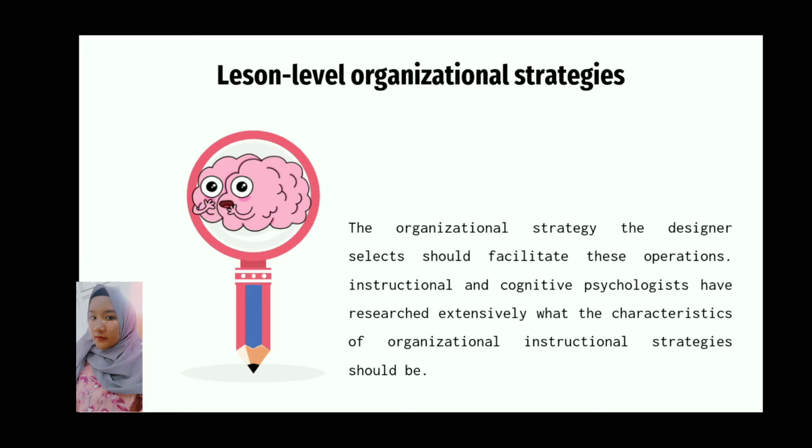These characteristics may vary according to the type of goal, for example, declarative knowledge, concepts, and so on. However, there are some general characteristics of an organizational strategy that seem to facilitate learning. Whatever the objective, one of these characteristics is that organization of a lesson should generally follow this pattern.